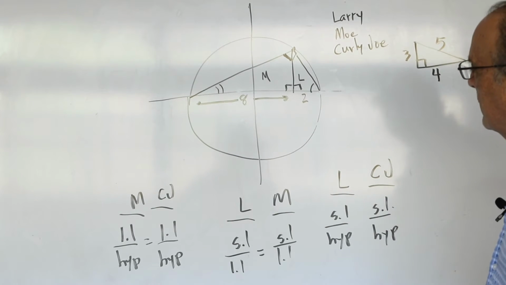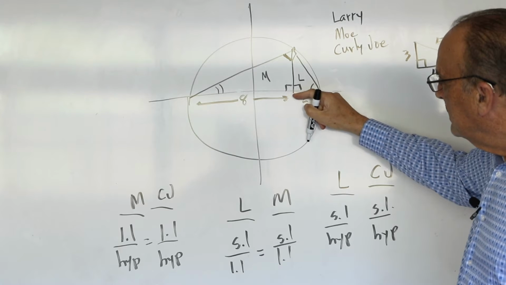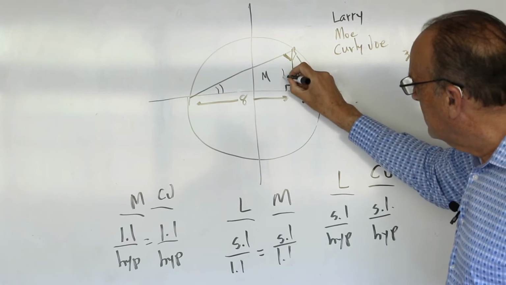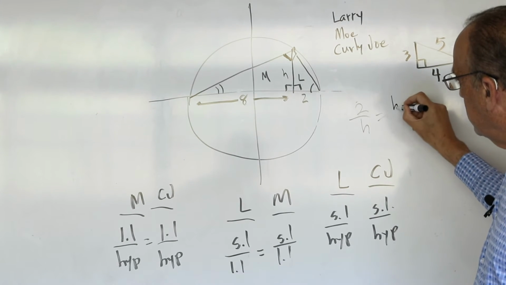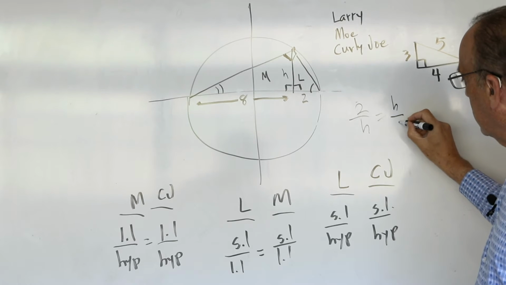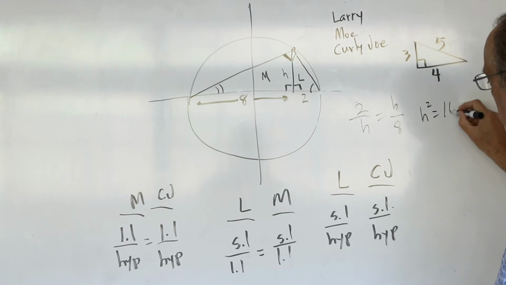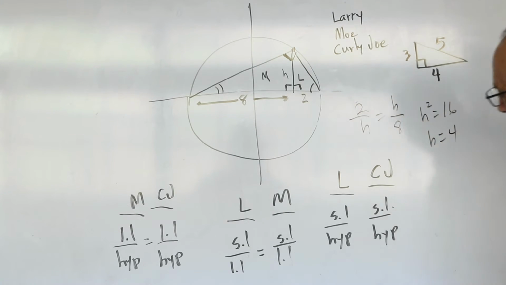So we would go 2 is to something as something is to 8. We'll call this H. So 2 is to H as H is to 8. So we cross multiply, we get H squared equals 16. So H equals 4. So this height is 4.